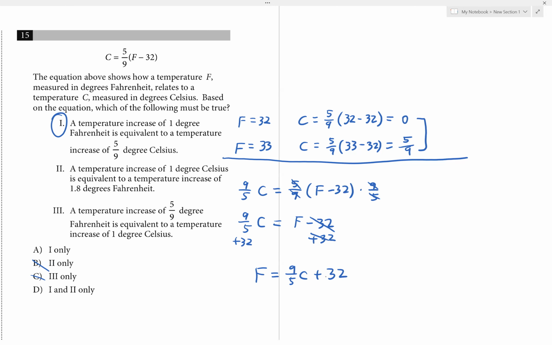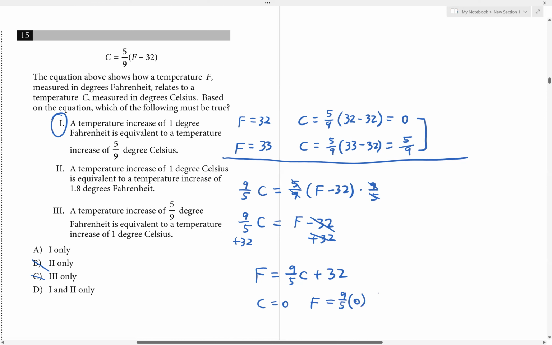And now we can plug in some test numbers. When we have a 1 degree increase in Celsius, do we have a 1.8 degree increase in Fahrenheit? Let's say C is equal to 0 and solve for F. F will be 9/5 times 0 plus 32.